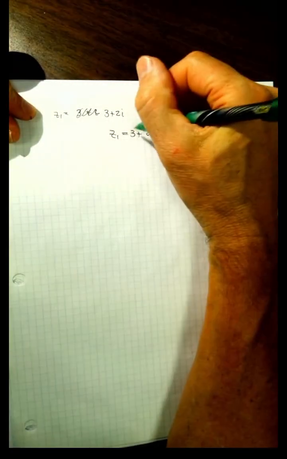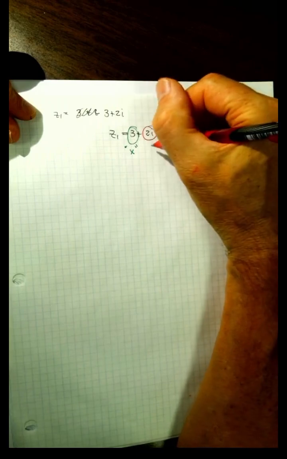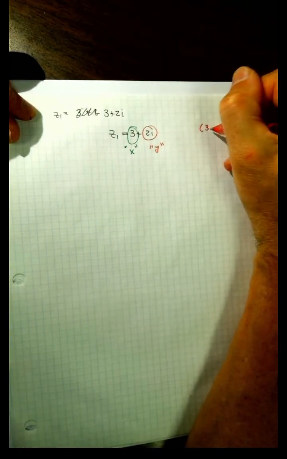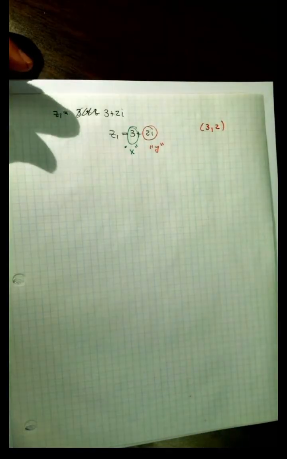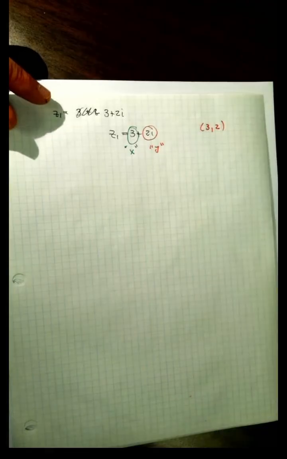I can treat the real part like it's an x value, and I can treat the imaginary part like it's a y value. So I can think of this as (3, 2). Now I can think of that as a coordinate. So the real part is an x coordinate, the imaginary part is like a y component. So what does that mean?